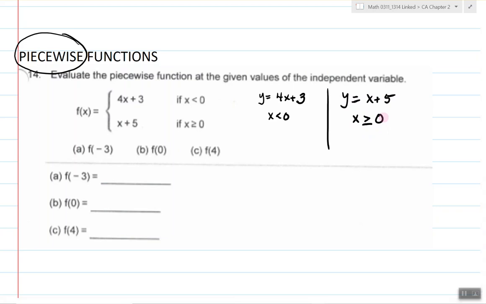Now, if it says what's f of negative 3, they're telling you x is negative 3. Is x equal negative 3 in this part of the domain or this part of the domain? Well, it's a negative number, so it's in this part. So I use this definition. So I will use f of negative 3 is equal to 4x plus 3. It is 4 times negative 3 plus 3, which is negative 12 plus 3, or negative 9.